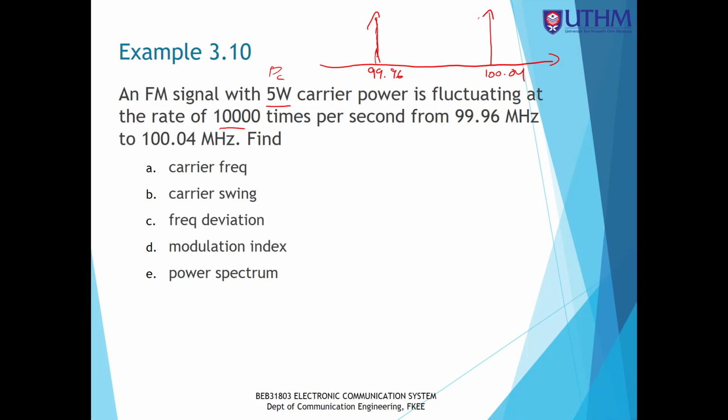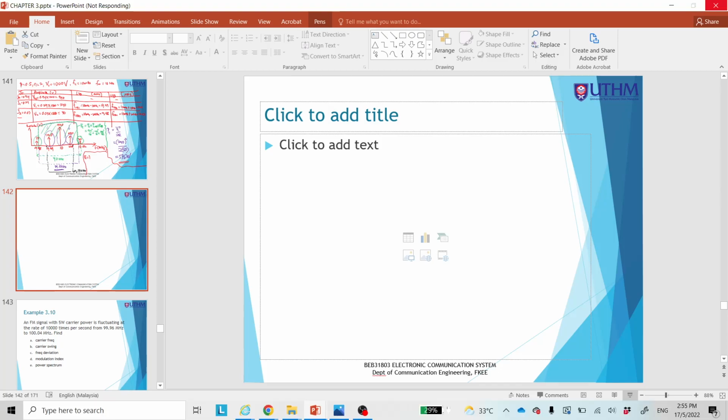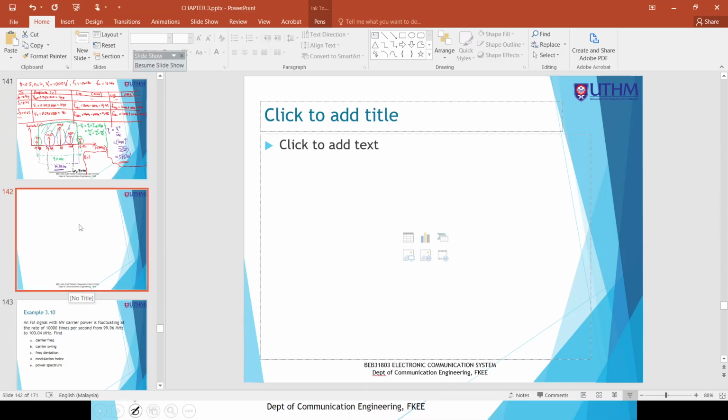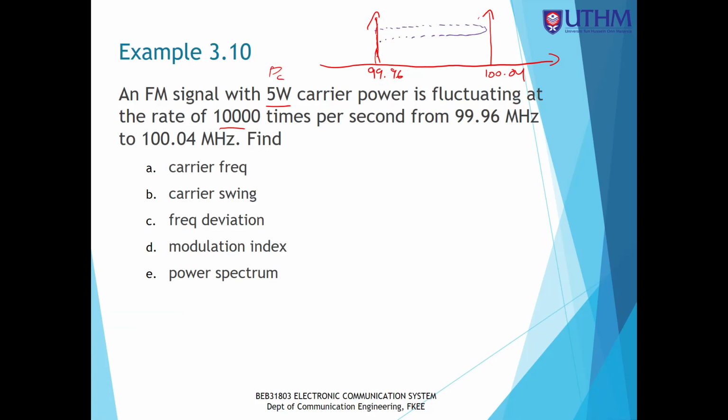It is said that the carrier fluctuates, which means moving from 99.96 until 100.04 and then returning to 99.96.